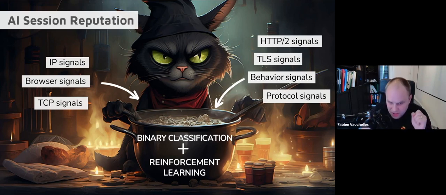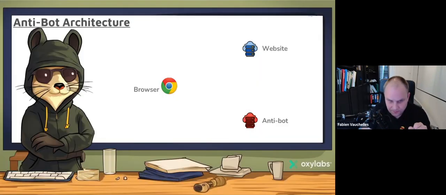Now, let me share with you a standard antibot architecture. So it's a 3-step dance. There is the browser, the website, and the antibot. So when we connect to a website, our browser also connects to an antibot URL. Sometimes this URL can be hosted on the website, sometimes it's on a separate server.